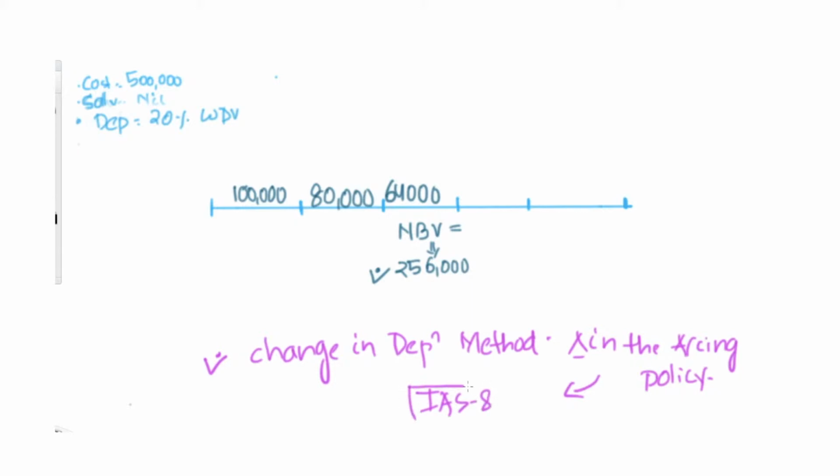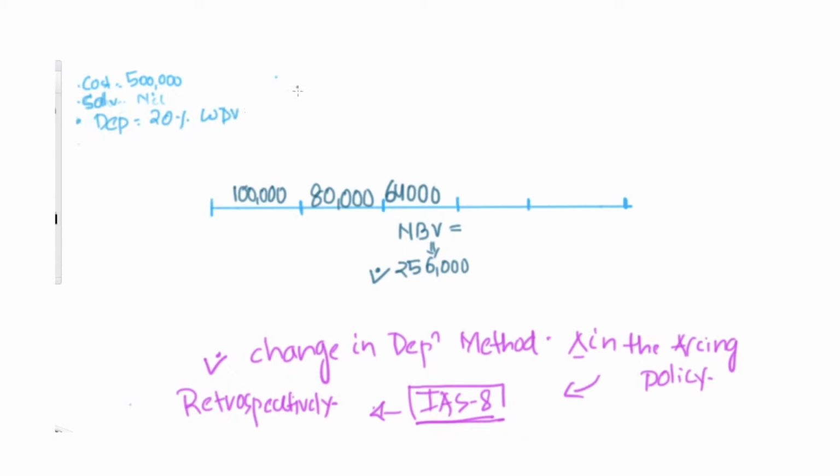It says that if there is any change in the accounting policy, that accounting treatment should be done retrospectively. Change should be made retrospectively as if the entity is applying the revised method since its inception.